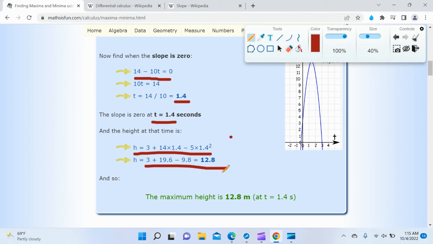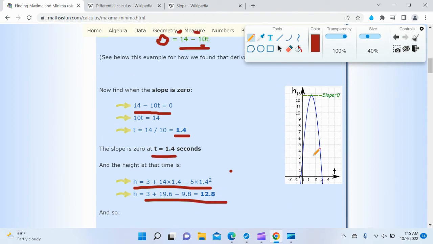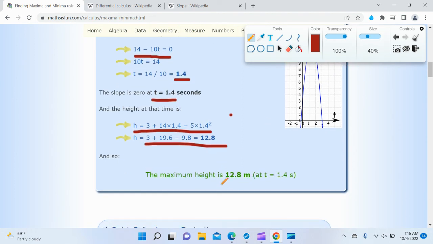So whatever h comes, 12.8 is the maximum height actually. So you can see here 12.5. This is the slope at 0. So when the slope is 0, whatever comes is nothing but the maximum value. It's the maximum height.